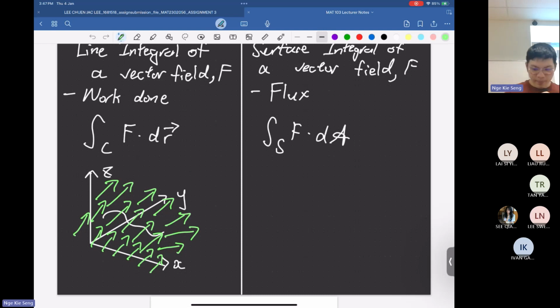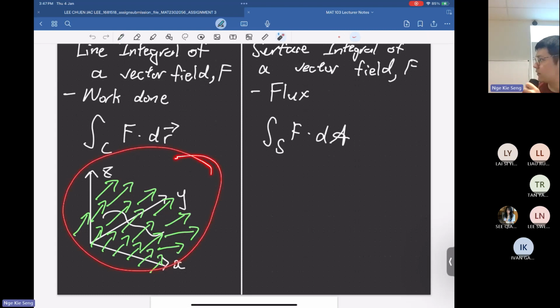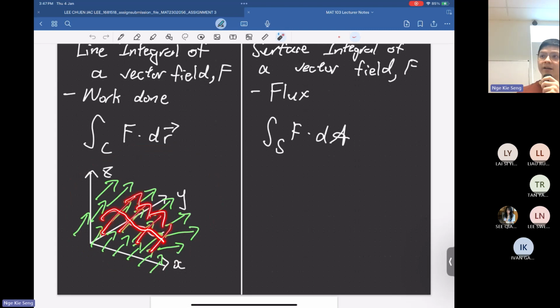So what are we doing in the line integral of a vector field? We have a curve like this, but we have an arrow in my space. What I am computing with the dot product here is how the arrow will do work along this curve, which is what we call work done.